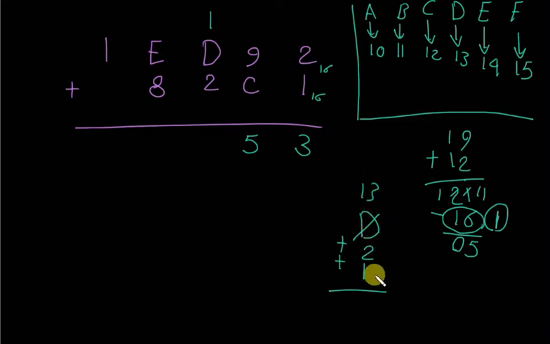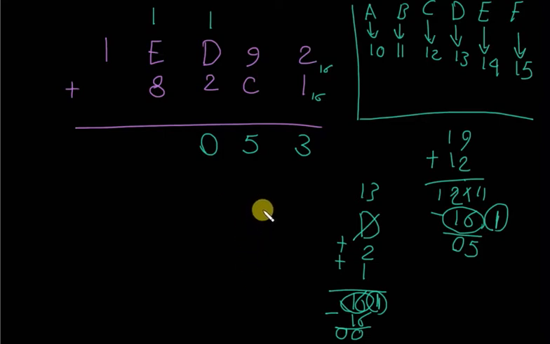So 13 plus 2 will give me 15, plus 1 will give me 16. Now look at this. I have one full value. So if I take 16 out of this, this will give me 0. So I have one carryover since I have 16 base, and this carryover goes here, and I have 0 here. So I will put the 0, and I have one carryover.